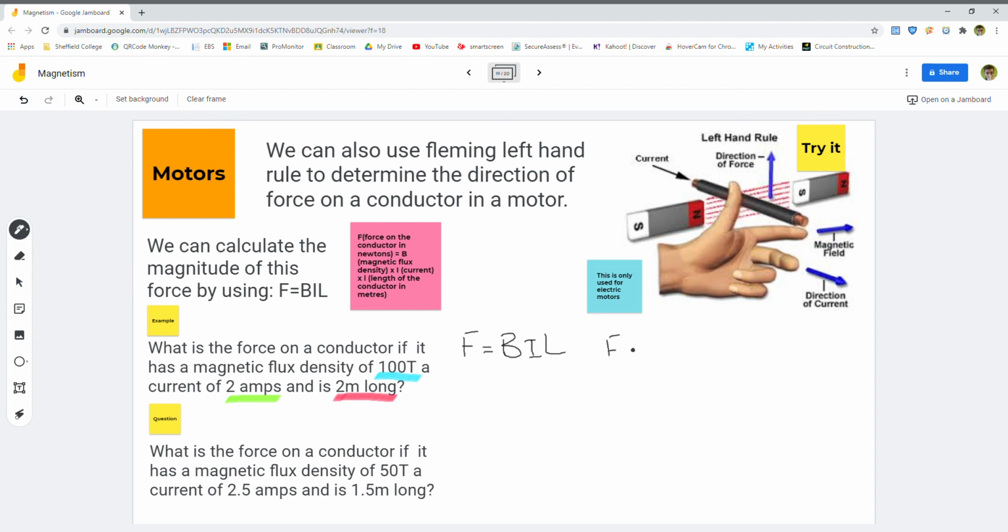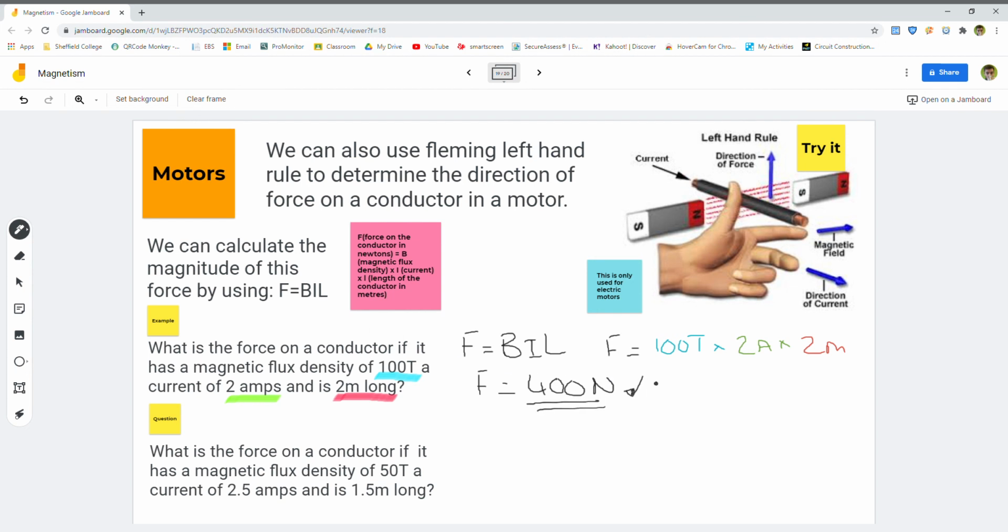F equals 100 Teslas times 2 amps times 2 meters. F will then equal 400 newtons.